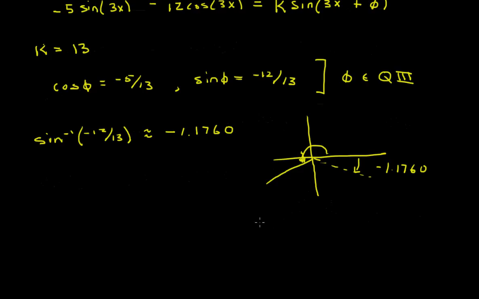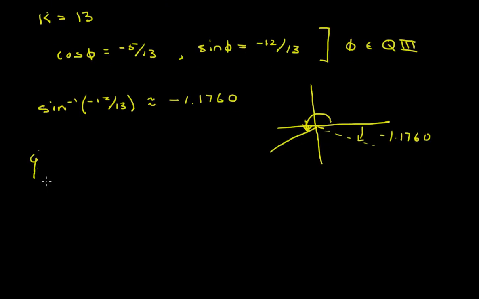And so to do that, it's not that difficult. You just got to be careful, slow down, make sure you get this right. We're going to take that 1.1760, think of that as the angle over on this side, and add pi to it. So don't write that phi equals sine inverse negative 12/13 because it's not equal to it.